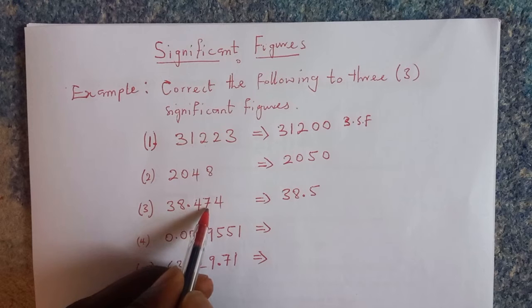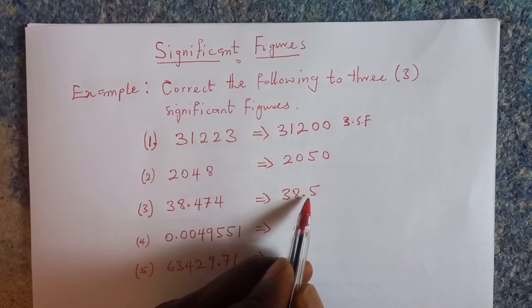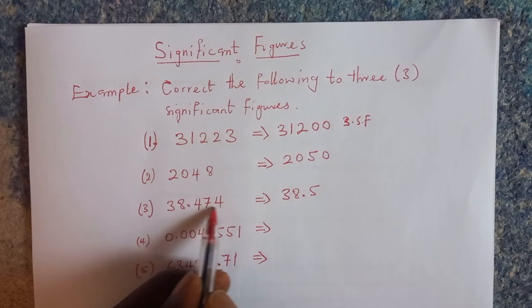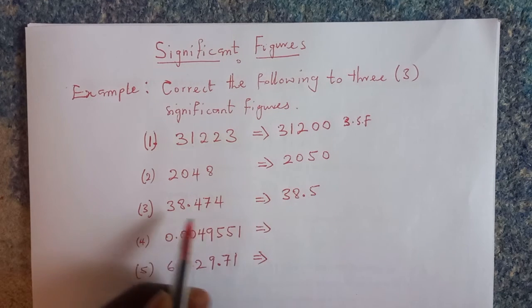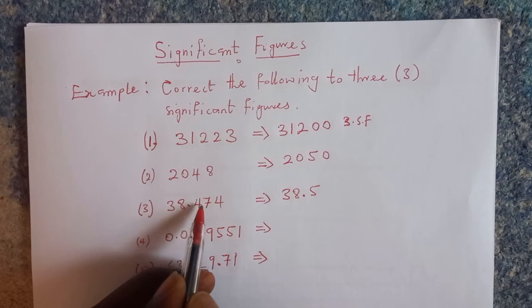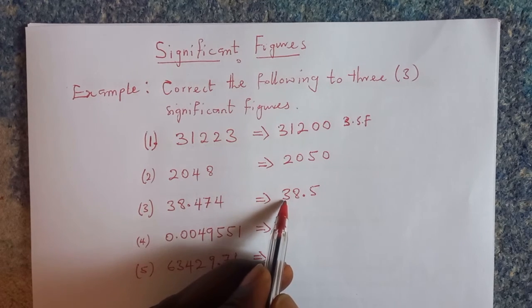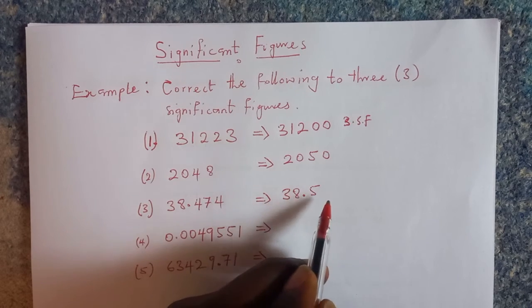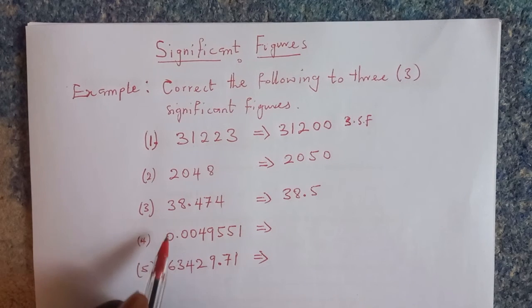So we will pick 1 from the 7 and add it to the 4, becomes 5. Now, after this point, we don't need to add the zeros because it will never make any difference. So 38.474 to three significant figures becomes 38.5.